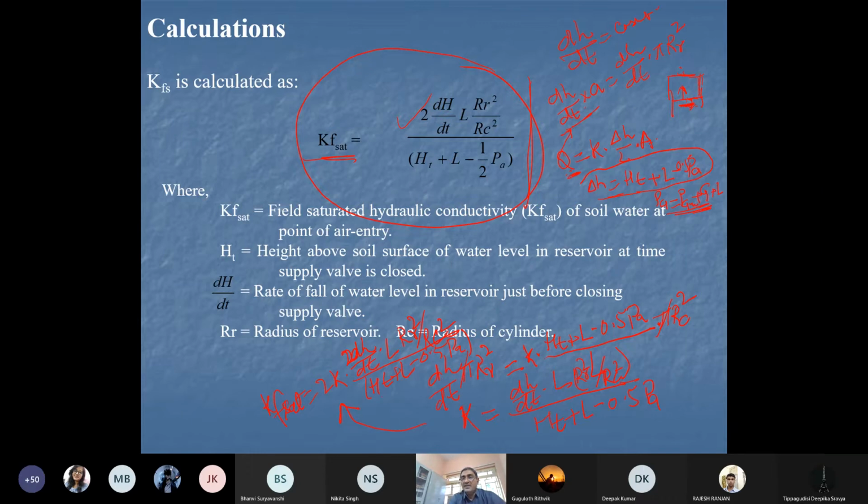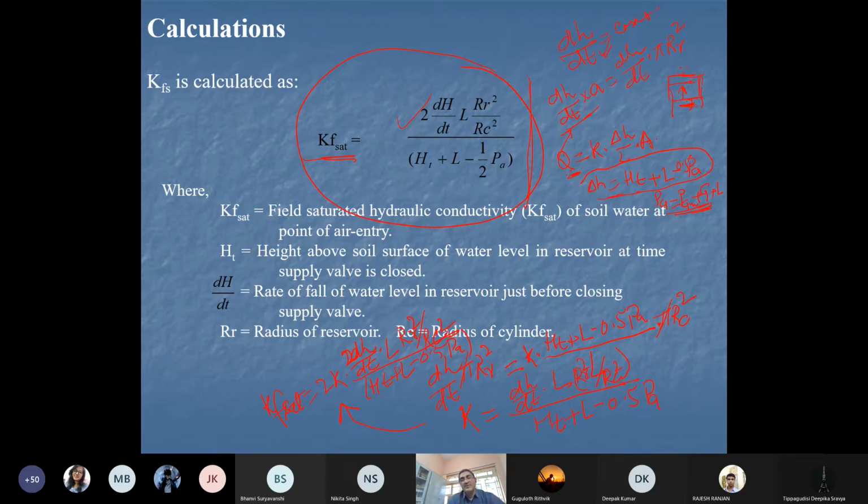If we have measured the rate of fall of head in the supply reservoir until it is a constant rate of fall, we need to know the minimum pressure head, or the maximum vacuum, that is created inside the system just before the bubble reaches the bottom of the soil surface.